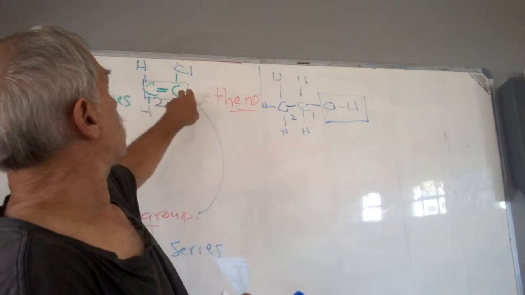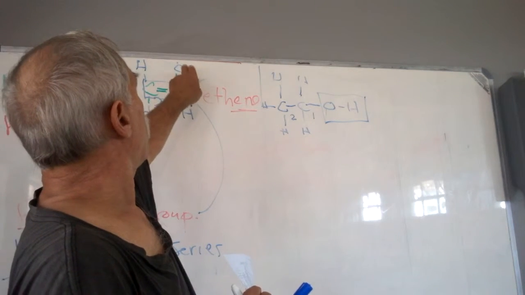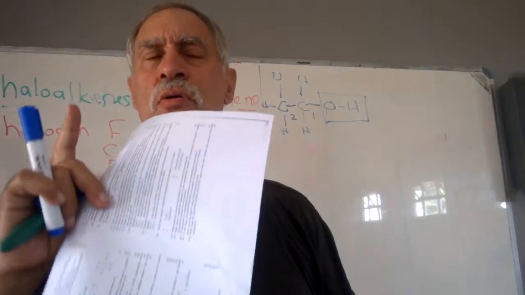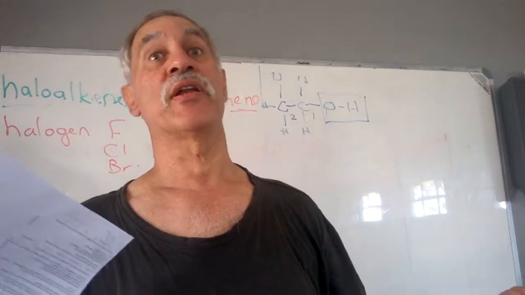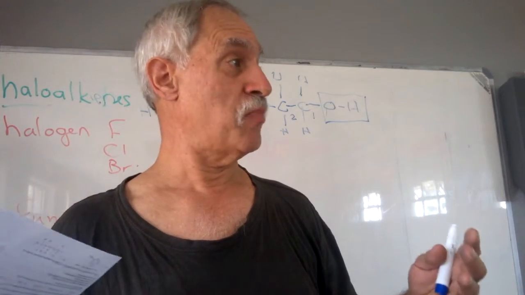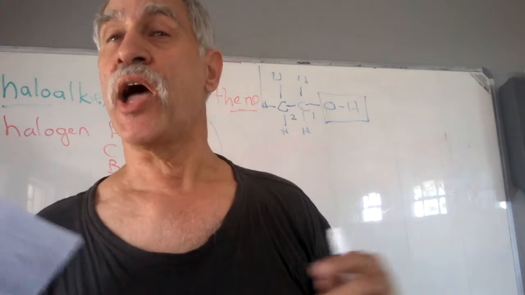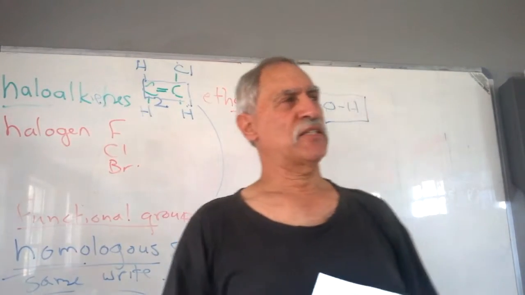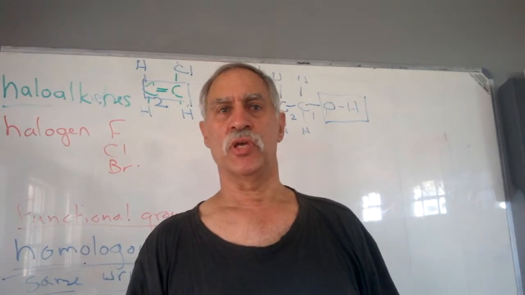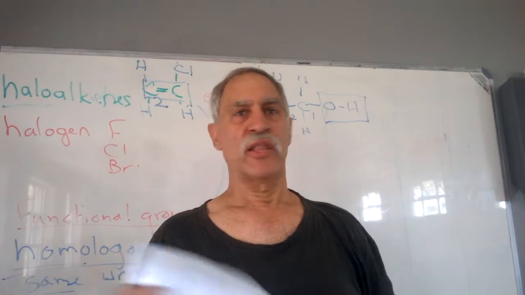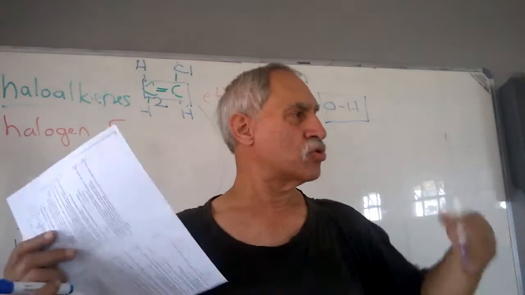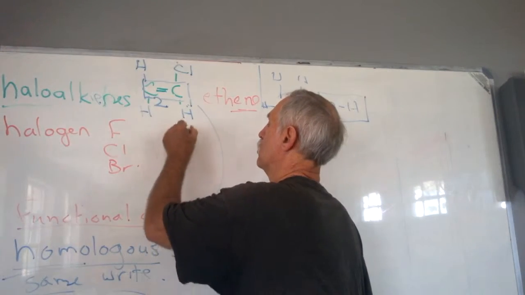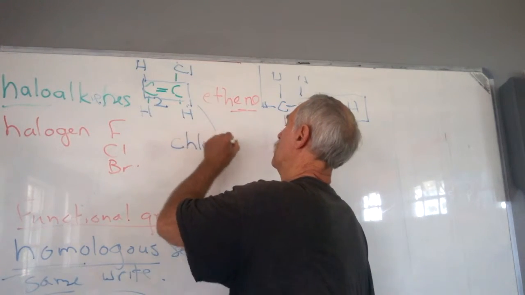But let's start numbering that carbon number 1, the one with the chlorine. It's got 2 functional groups, so what decides me is to make carbon number 1 the one with the chlorine. Now how would we name this? Well, it's ethene and it's chloroethene. There's no di or tri or tetra, it's just chloroethene.